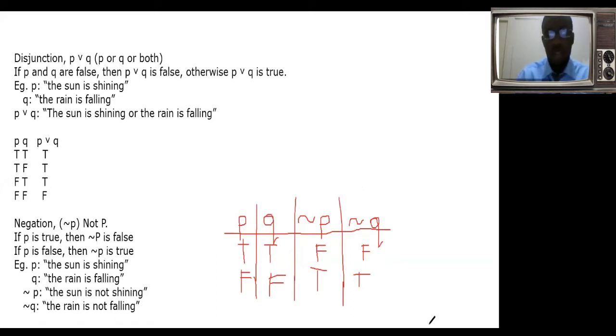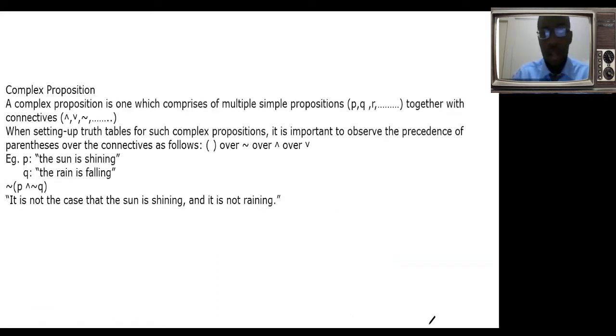All right. Now let's look at complex or compound propositions. We're using connectives again to combine these propositions. And so a complex proposition is one which includes multiple simple propositions.